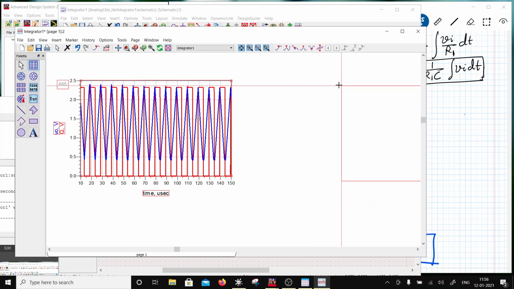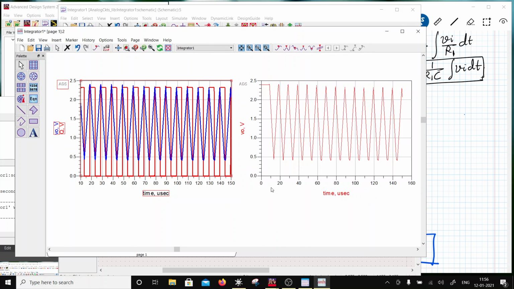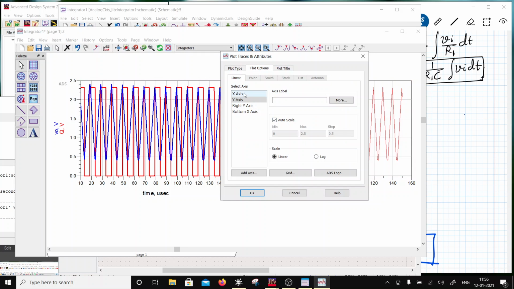So now let's say I have converted that triangular wave, which is VO1, so this is the triangular wave, and I'm plotting from 10 micro to 150 micro in steps of 10 micro, right?